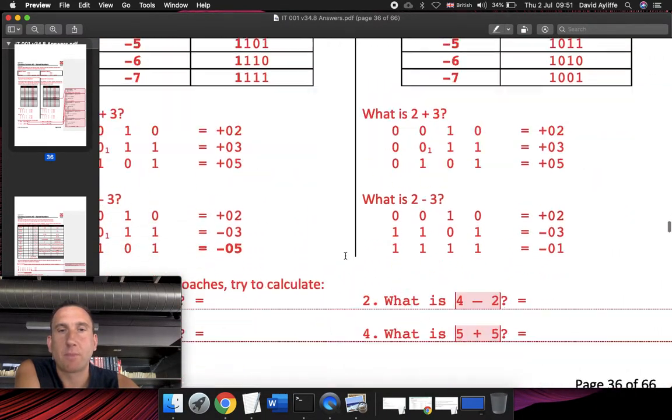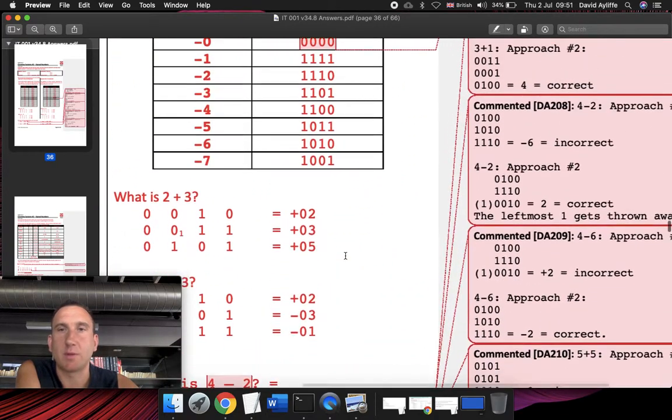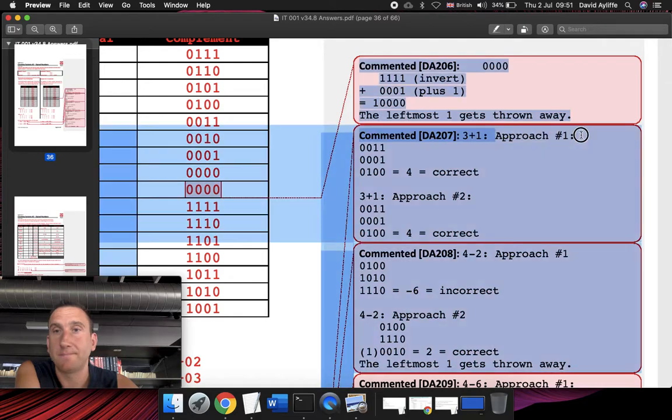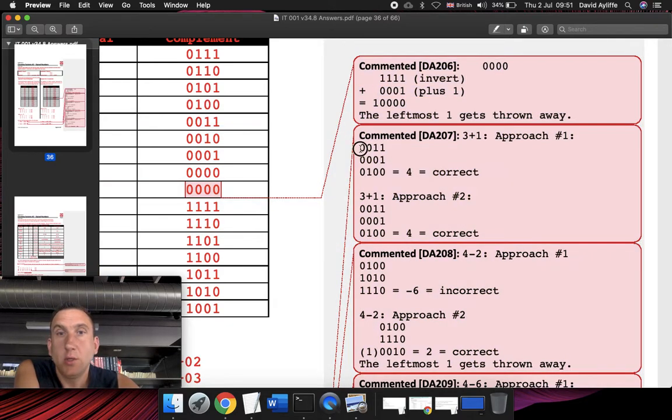Right. Okay, so 3 plus 1. Approach 1: for sign and magnitude, addition works. So this is 3, this is 1. We get the answer 4. 1 and 1 is 2, so 0 carry 1. 1 and 1 is 2, so again 0 carry 1. 0 and 0 and 1 is 1.